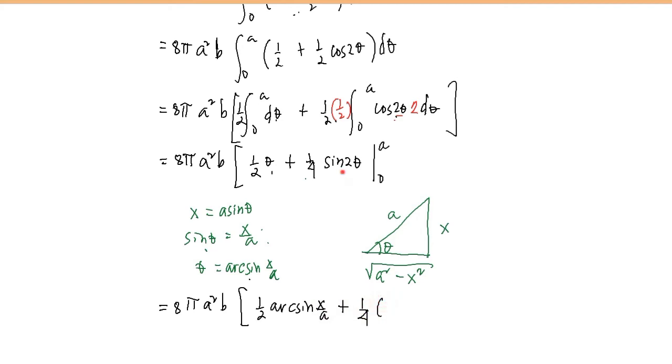Since we know from our trigonometric identities that the sine of 2 theta is equal to 2 sine theta cosine theta, we replace the sine 2 theta here by 2 sine theta cosine theta. Limit from 0 to a.